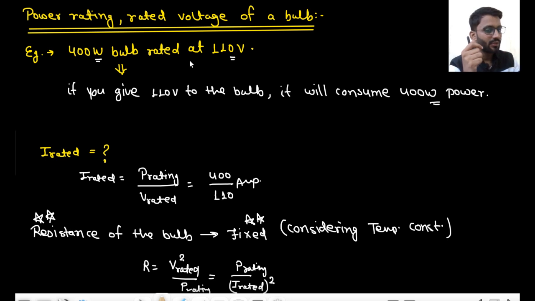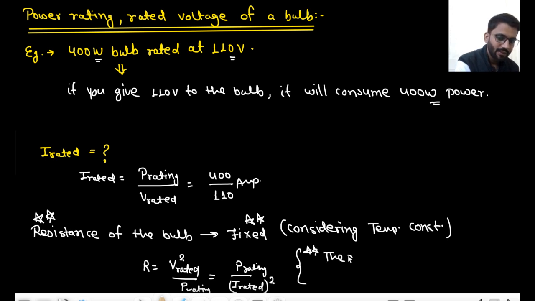That doesn't depend on the supply. The resistance of the bulb doesn't depend on the supply. I am writing this point, a very important point, and this is the most confusing point for everyone. The resistance of the bulb does not depend on the supply.